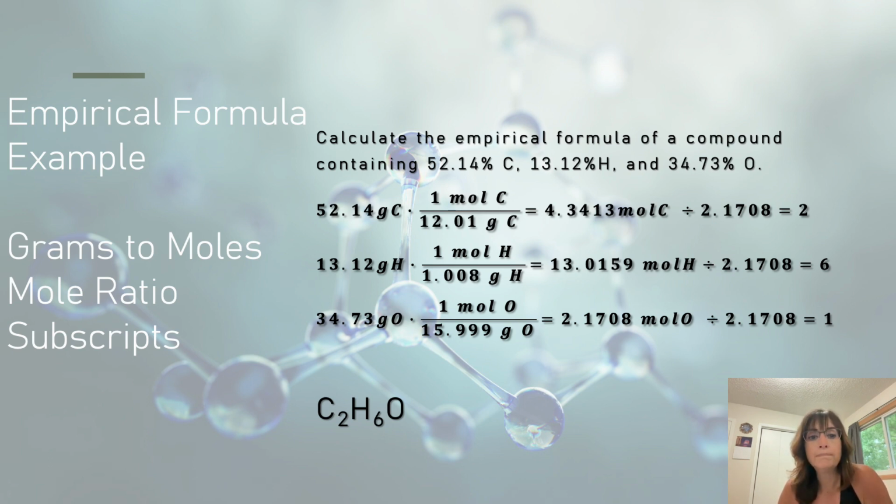So C2H6O. Now what if, for some reason, that carbon had turned out to be 1.5? Well, I can't write C1.5, so I would have multiplied all of the subscripts by 2, and I would have gotten instead 3, 12, and 2, just to let you know how that works.